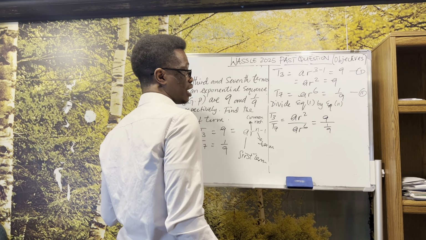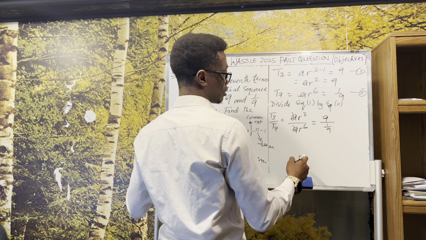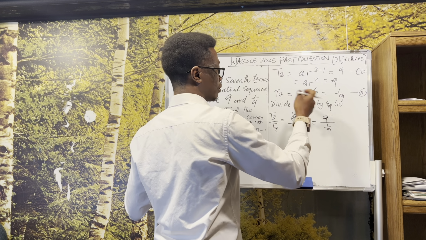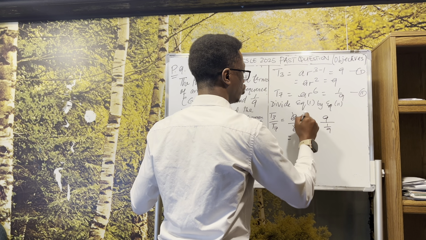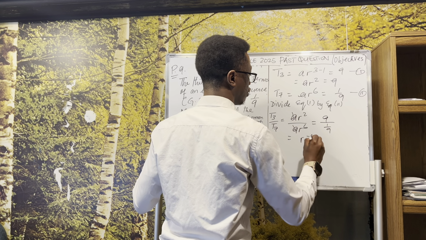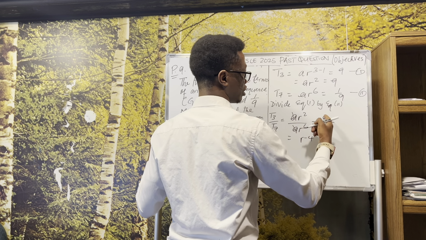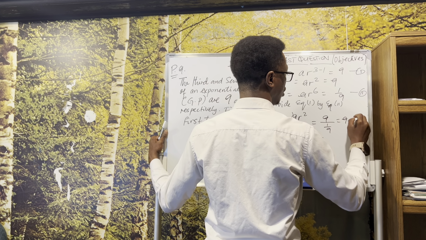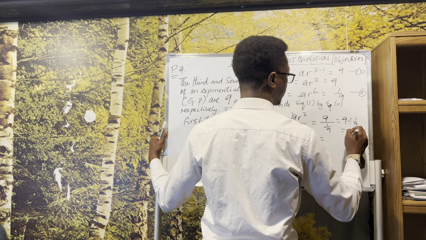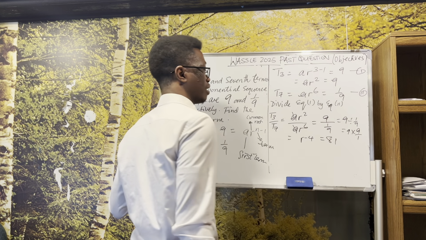Now you see this A cancels this A. The bases are the same, so you subtract the indices. So here it becomes R^(2 minus 6), which is R^(-4), equals this. How do you do 9 divided by 1 over 9? It becomes 9 multiplied by 9 over 1, so that becomes 81.